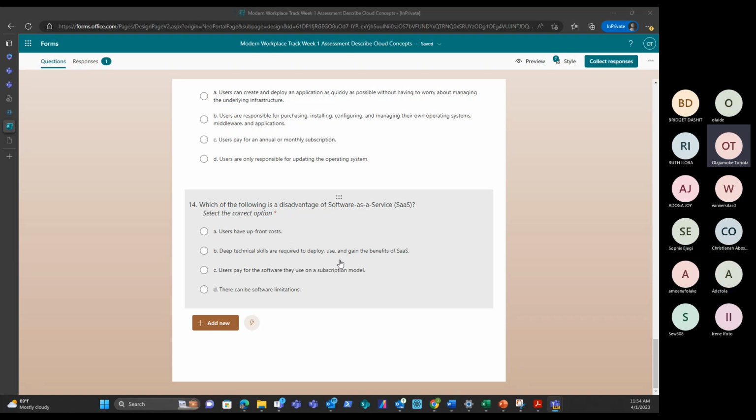Yes, Root. I can't hear you. You said what? Did you say C or D? There can be software limitations in software as a service.